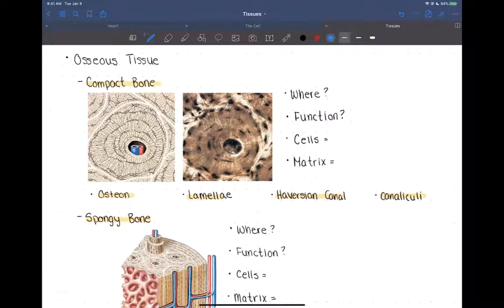All right, compact bone is going to be located in the shaft of long bones and the outer portions of flat bones. All right, so shaft of long bones and outside of flat bones.